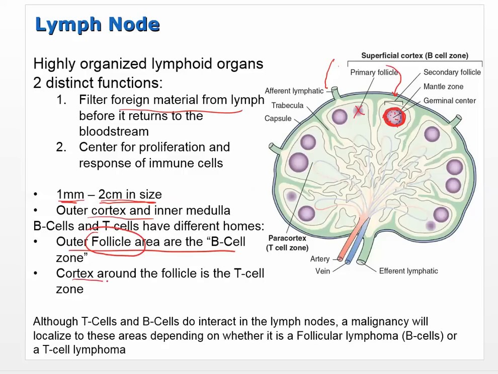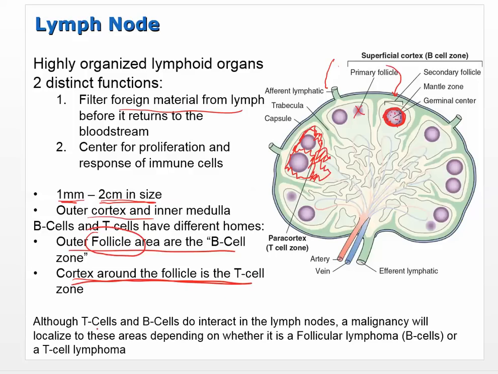Okay, so the cortex around the follicle is the T cell zone. So this is the cortex around here. Okay, so you see the purple follicles, and then around that area are where the T cells are. Now, you do have interaction. The T cells and the B cells have to interact, and they do, and they interact within the lymph nodes. So this is where they primarily are found, but there is interaction.